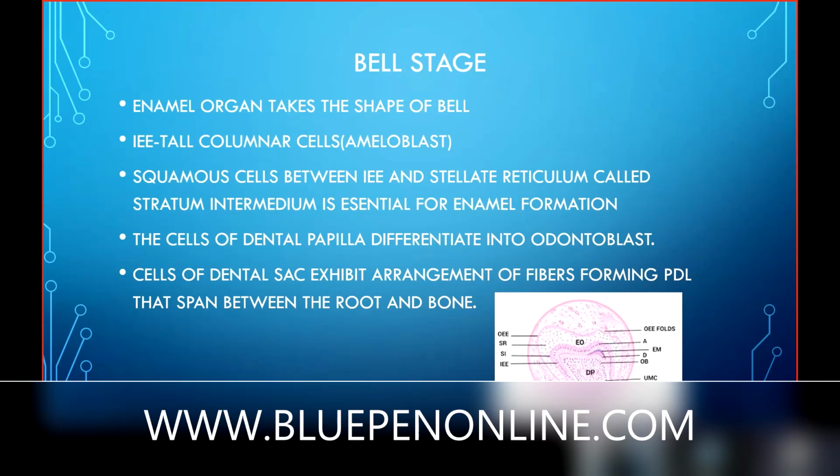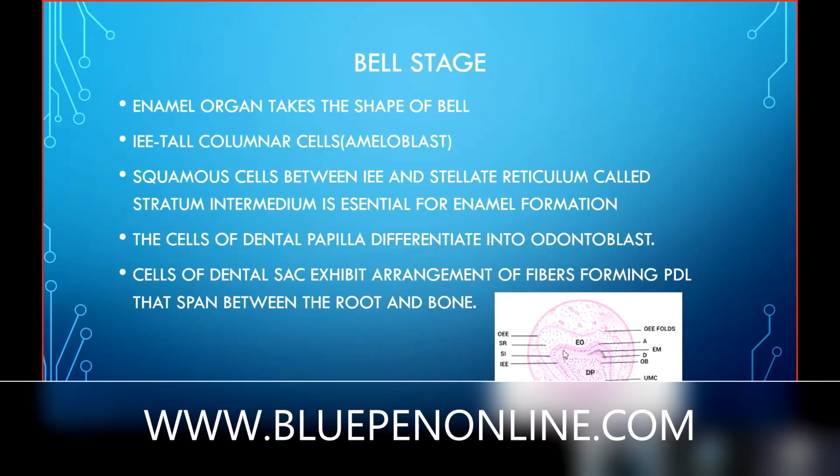So this was the outer enamel epithelium, inner enamel epithelium, stellate reticulum. In between the stellate reticulum and inner enamel epithelium, you have this squamous cell layer. That is called the stratum intermedium because it's an intermediate layer between the stellate reticulum and the inner enamel epithelium.